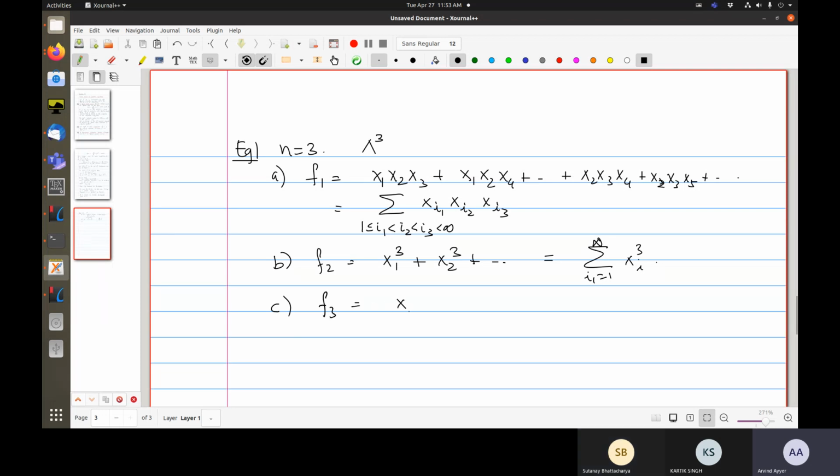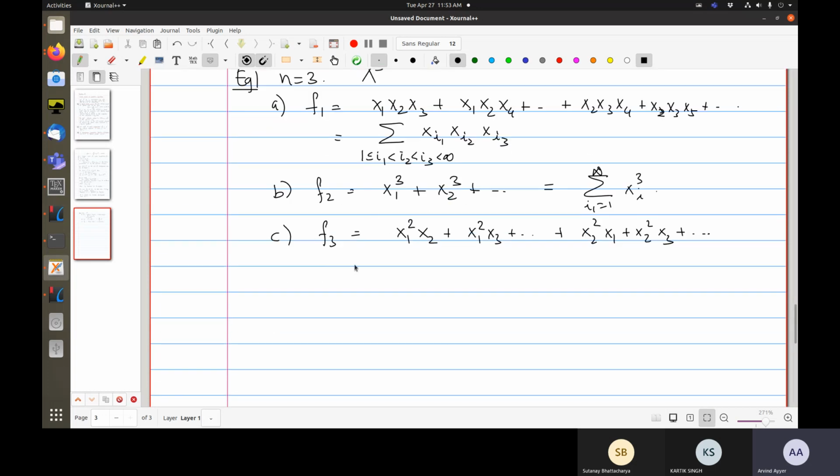Right. So you get things like x1 squared x2 plus x1 squared x3 plus etc. plus x2 squared x1. You should also take that, plus x2 squared x3 plus etc.